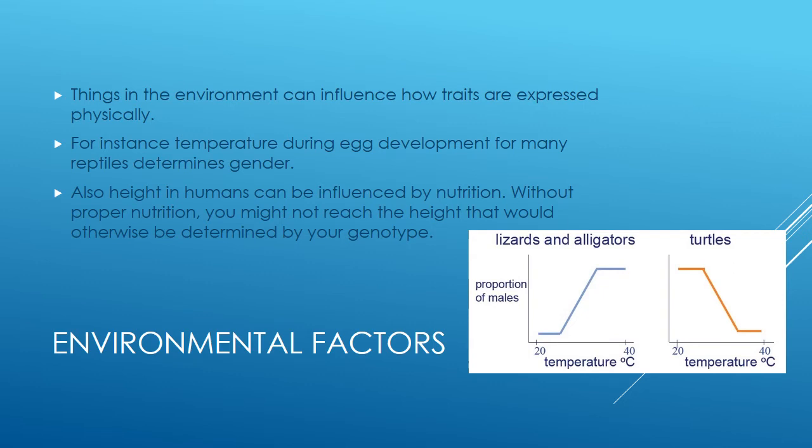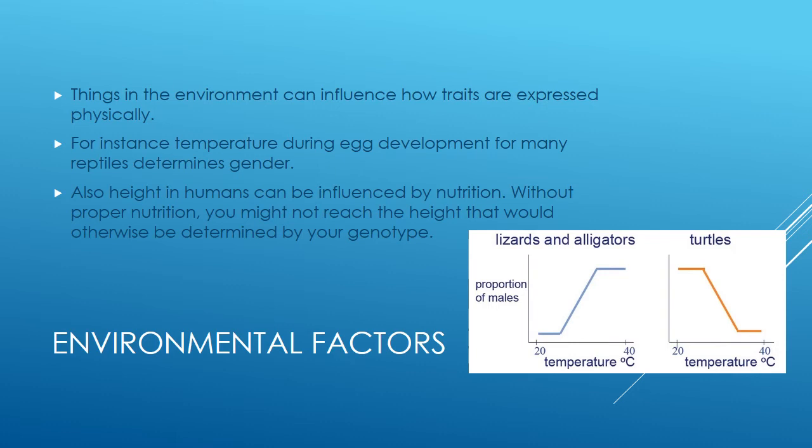Another thing that can influence your phenotypes is the environment, funnily enough. I mean, it's not just genetics. There's several instances of environmental factors influencing physical features in development that otherwise would be just controlled genetically. Examples are things like temperature with a lot of different reptiles.